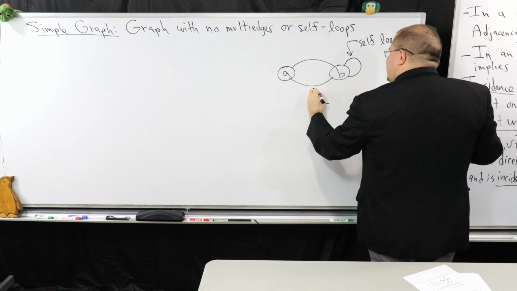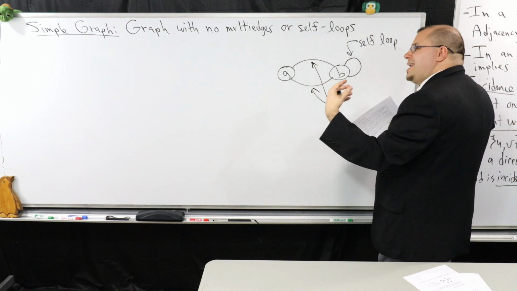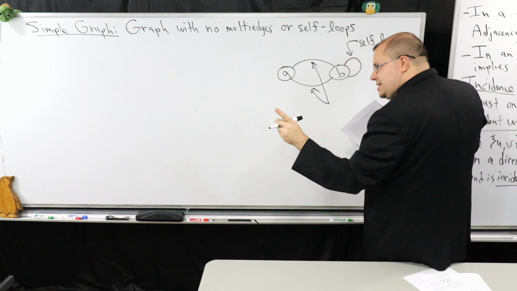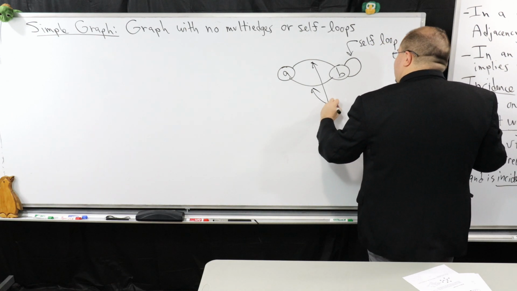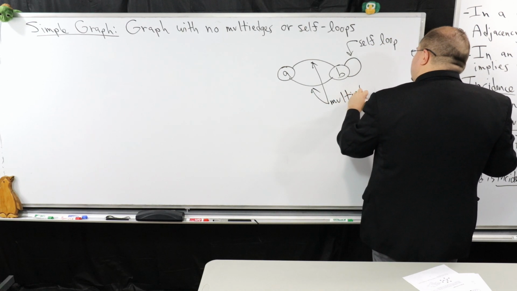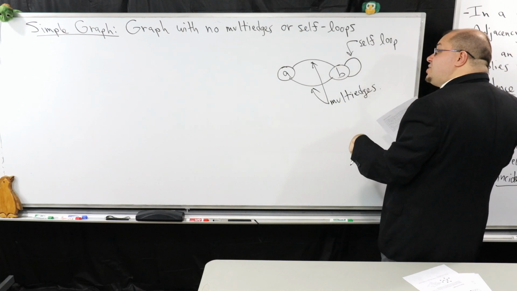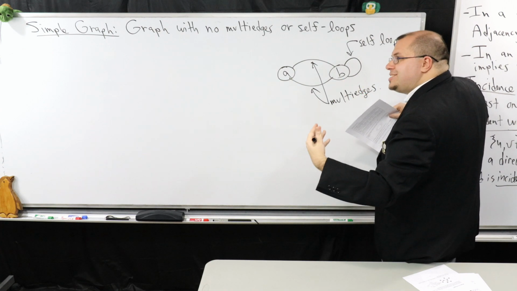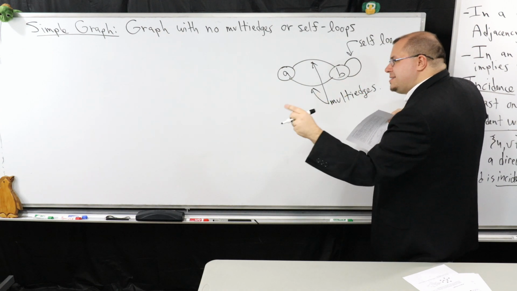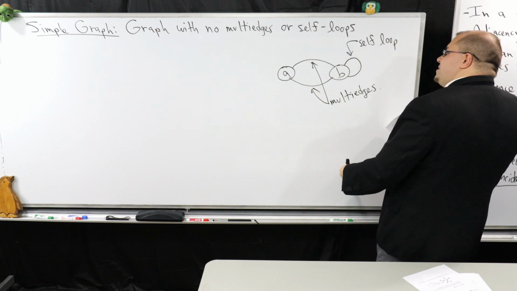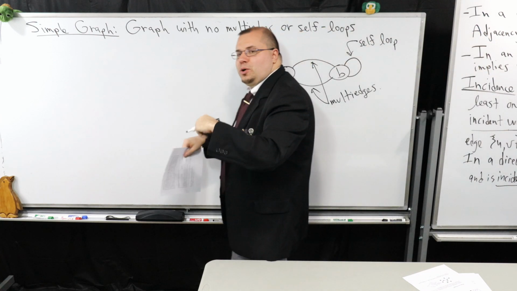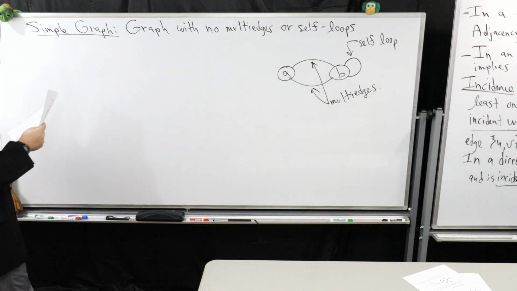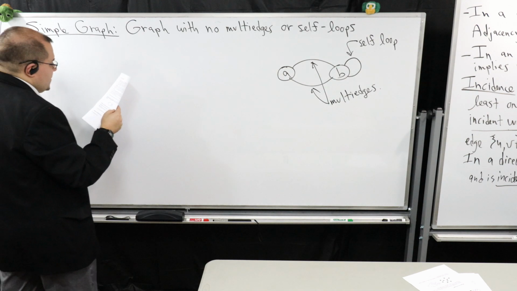When I have more than one edge between two vertices in this sense, we often call these multi-edges. So when we don't have multi-edges, meaning there's only one edge between two vertices, then we would say that the graph is simple if it doesn't have both of these things. That's how I'm going to define a simple graph for you.